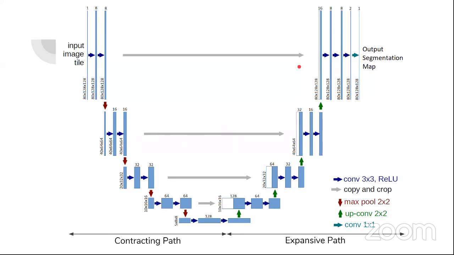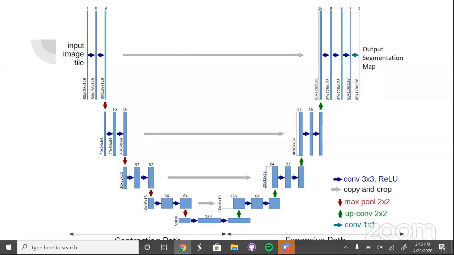Then again, they're followed by two convolution layers with half the channels of the previous convolution layer. In the end, we repeat this 4 times, and it will come back to the original dimension with the final output segmentation map. So now Rohit will talk about the steps that we encountered during this training process.